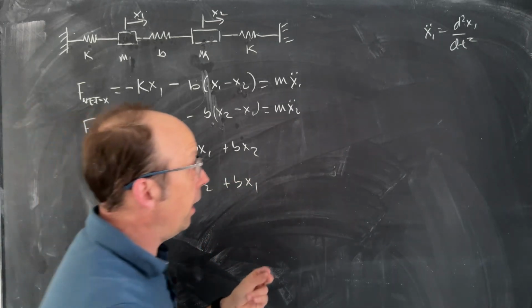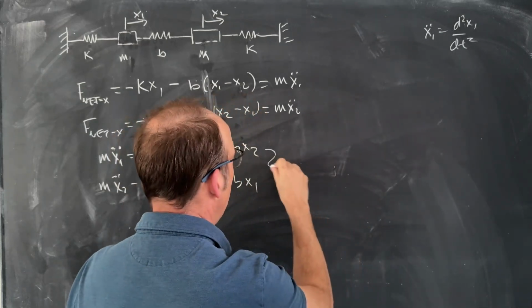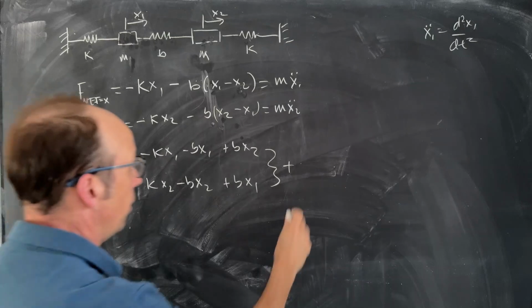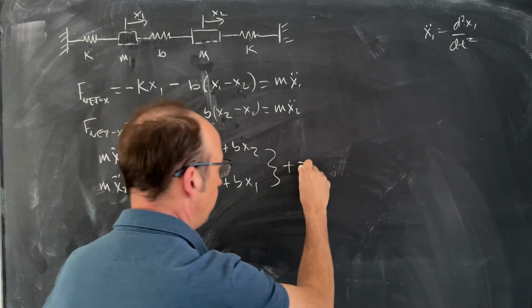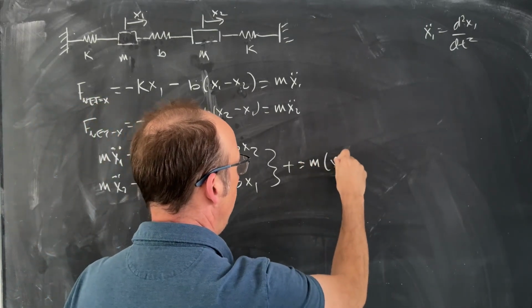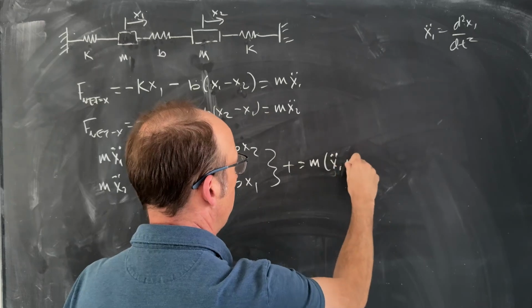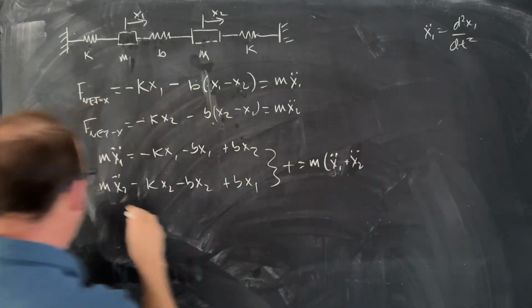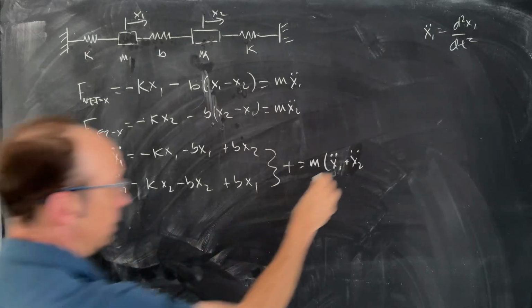Now, just for fun, let's add these two equations together. So if I do that over here, I have m times x1 double dot plus x2 double dot, right? If I add those two things, I can factor out the mass.